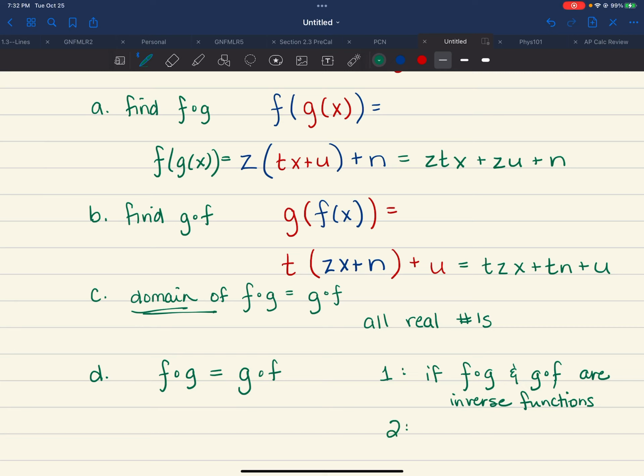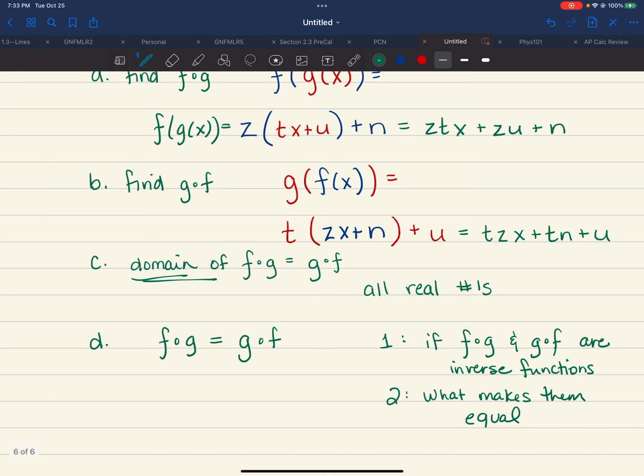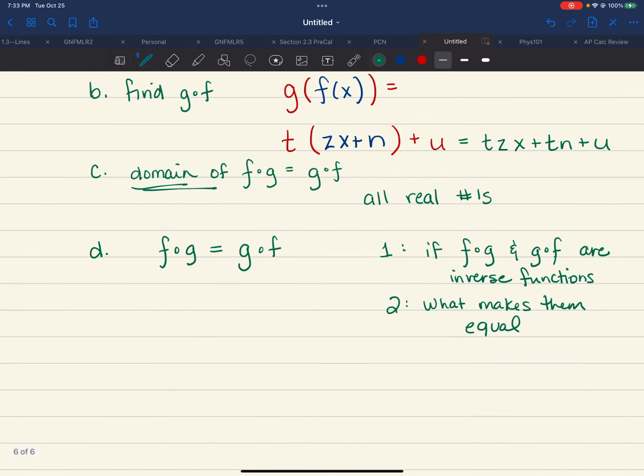The second thing that you might look at is what makes them equal. Okay, what makes them equal? So what I'm going to do is examine these two. I'm going to pull this and bring it down. I can't. All right, let me just rewrite it.